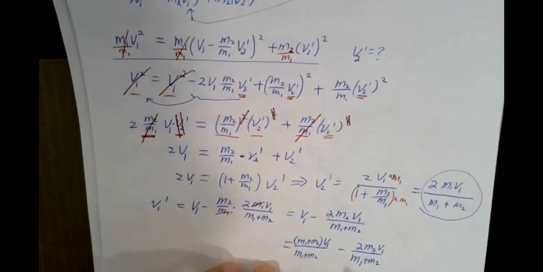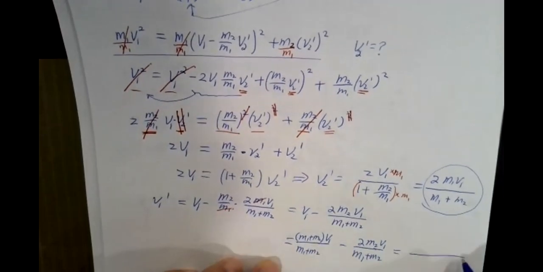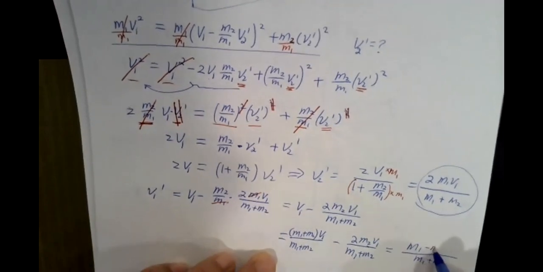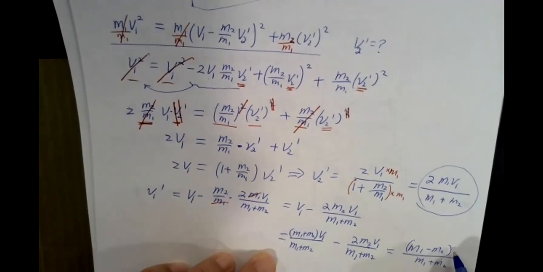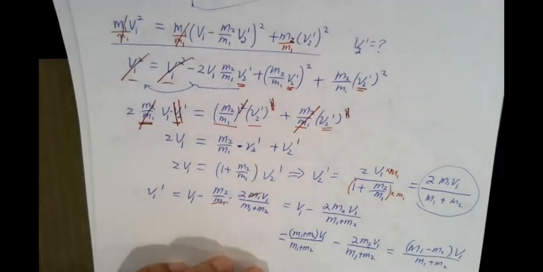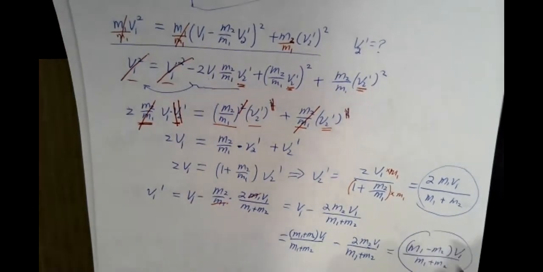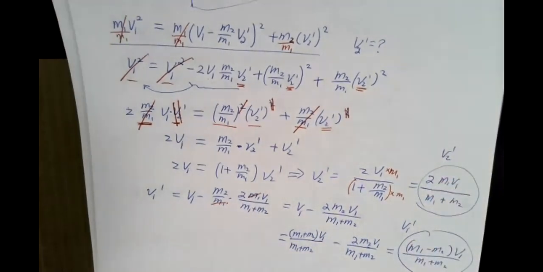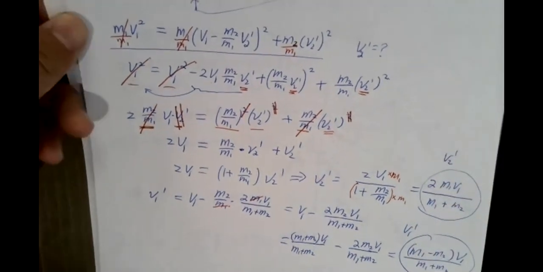By doing this, you can have the common denominator. So then m1 plus m2 at the bottom here. Now m1 plus m2 times v1 minus twice of m2 v1. That will give you m1 minus m2, okay, times v1. All right. So this will be your v1 prime. This is your v2 prime. The final velocities of the two.